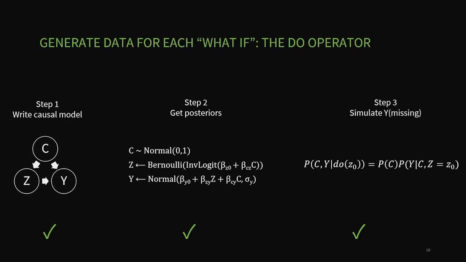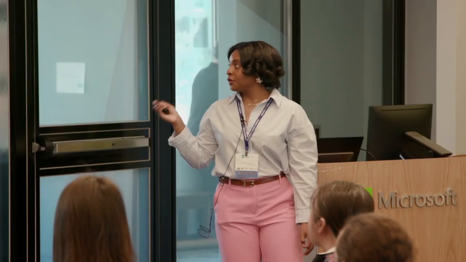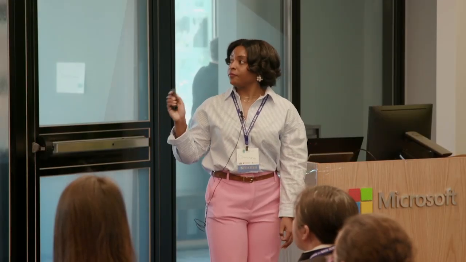And then finally, we use all of the posterior information from our original data to help us uncover our unknowns, to help us estimate our potential outcomes under the do operator.